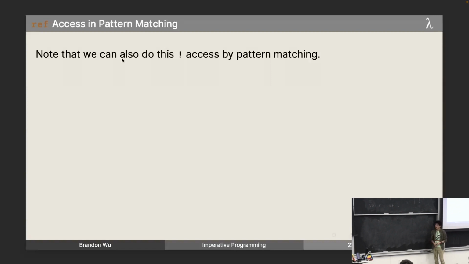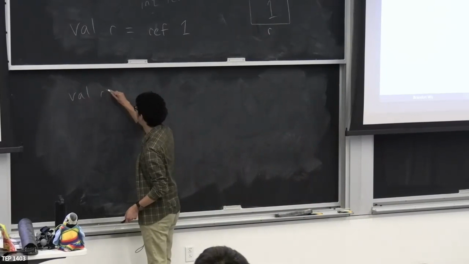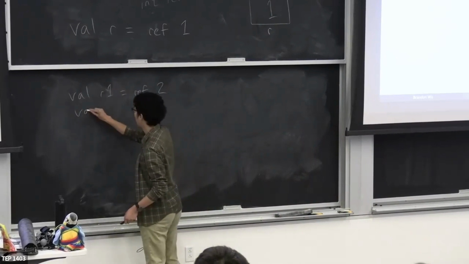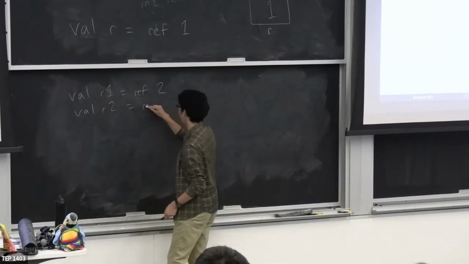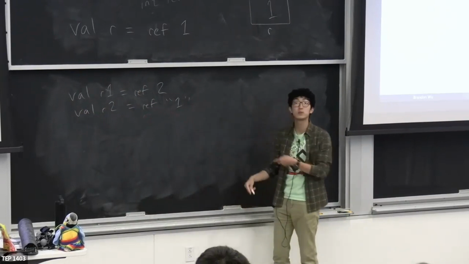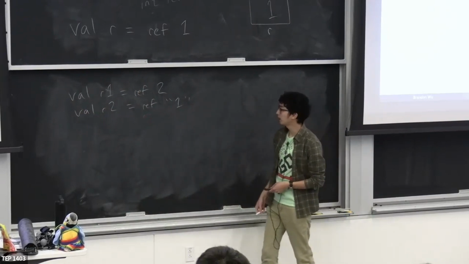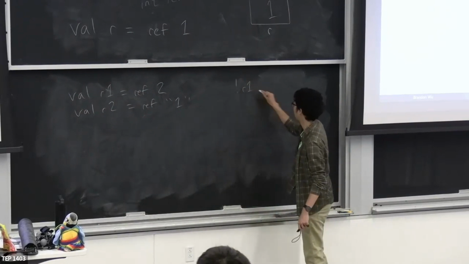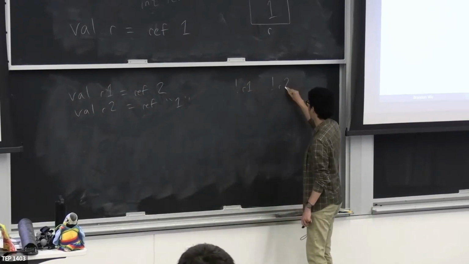But you can also look for bangs. If I have val R1 equals ref 2, val R2 equals ref string 1, which is what we had earlier, not exactly the declaration, but this was the state of our store, I can do bang of R1 at some point and also bang of R2 at some point.